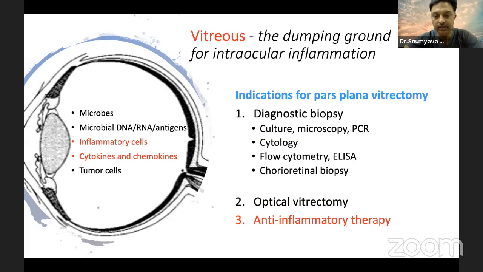There is also a discussion on the role of optical vitrectomy when there are significant vitreous opacities that are affecting vision in a quiet eye. But in this talk, what I will be focusing on is the anti-inflammatory action of vitrectomy in patients with active intraocular inflammation.